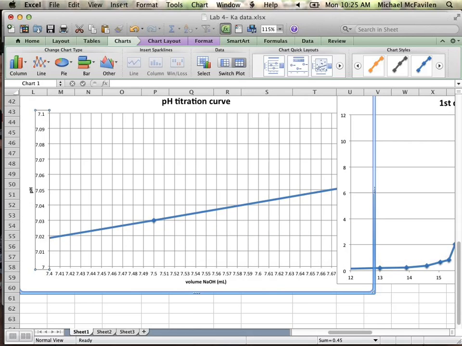That's good enough. 7.56. We are 7.039. Okay. At that point, we are at the half equivalence, which means that pH value is your pKa.